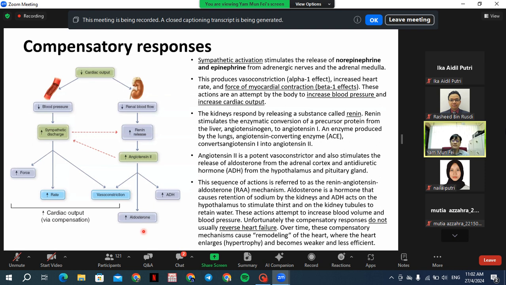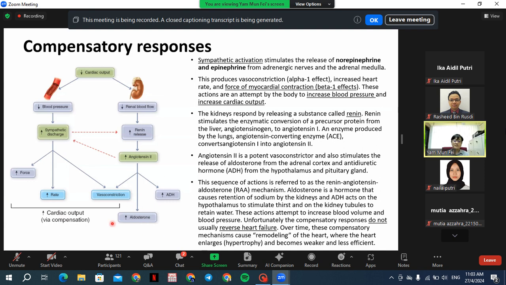So how about aldosterone? The same thing happens. Aldosterone may also cause water retention, to increase more water.